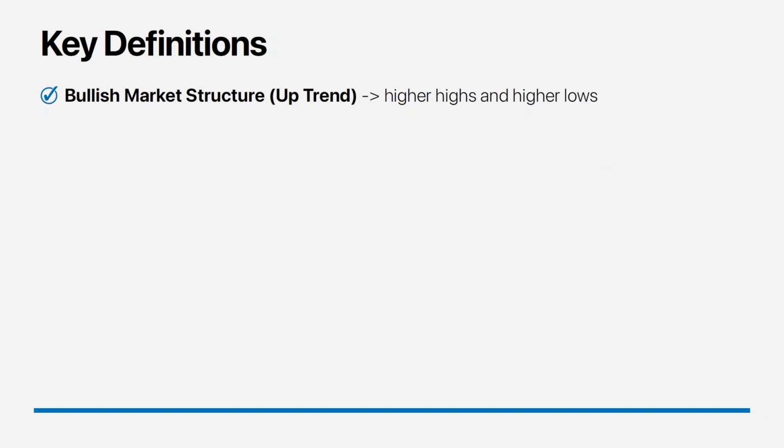Oftentimes traders jump into a chart and immediately want to identify where to enter, where to exit, where the entry opportunities are. But the first thing, always, is to determine what I call directional bias. There are many ways to determine directional bias. It can be through fundamental analysis.